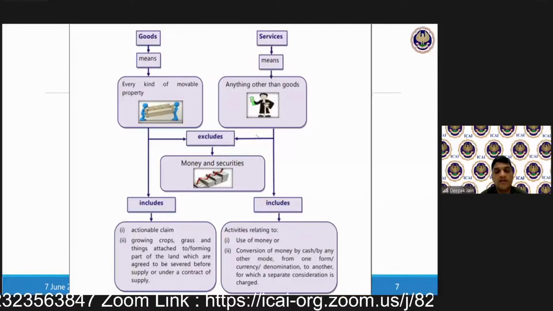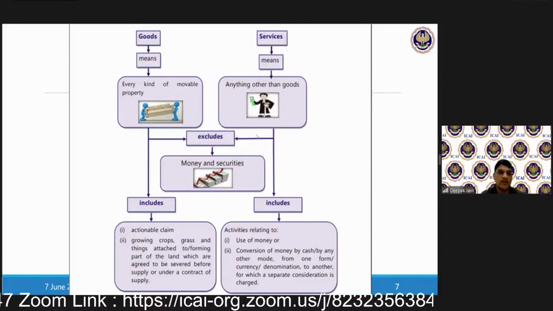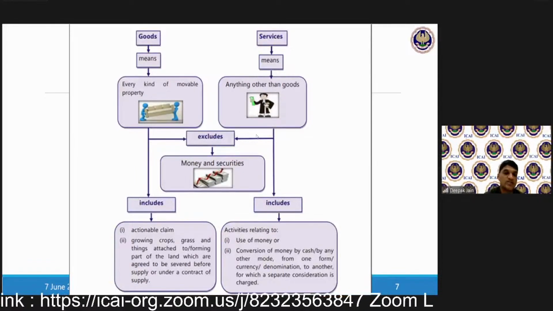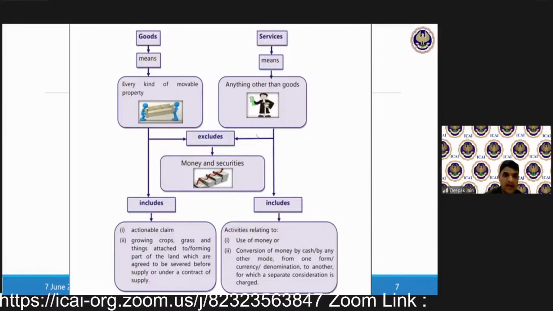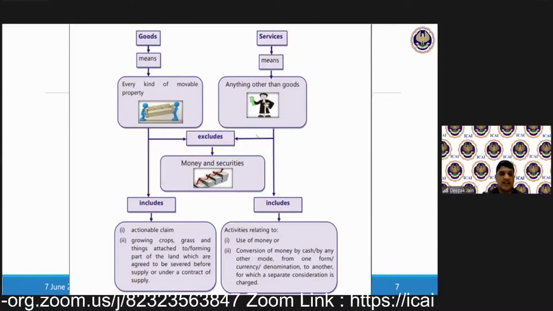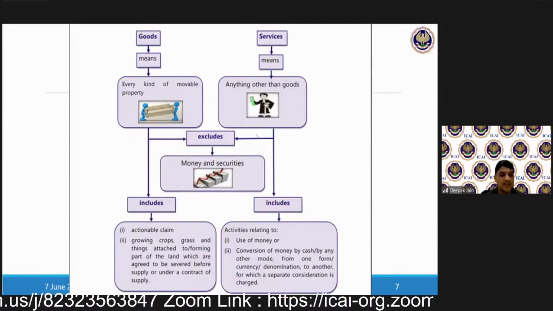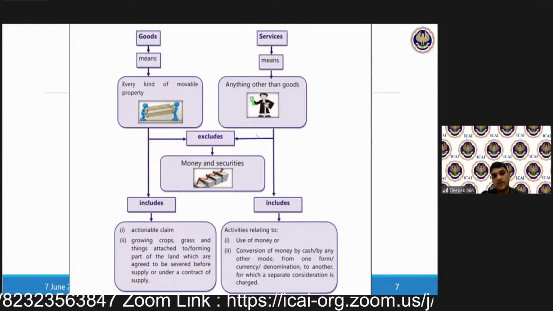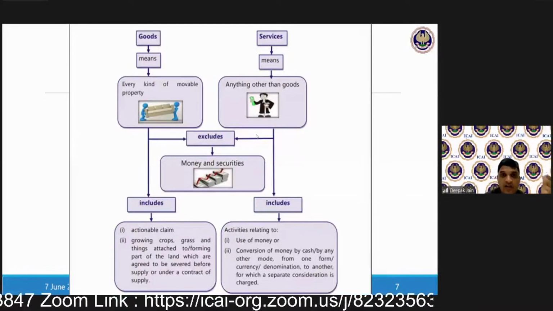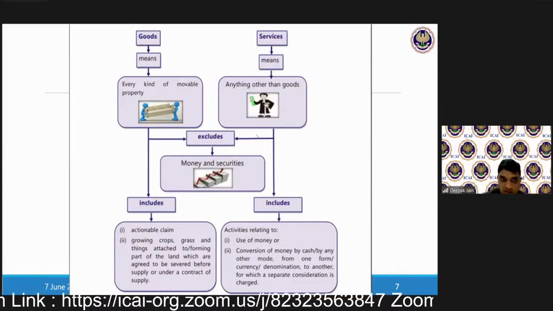Awesome. So let's proceed. We understood what is included in goods, what is excluded, and specific inclusion again in goods is goods includes actionable claim, and it includes growing crops, grass, and things attached to or forming part of the land which are agreed to be severed before supply or under a contract of supply. मतलब आपने contract of supply में you have defined that any growing crops, grass, and things will be severed, then that is also goods.